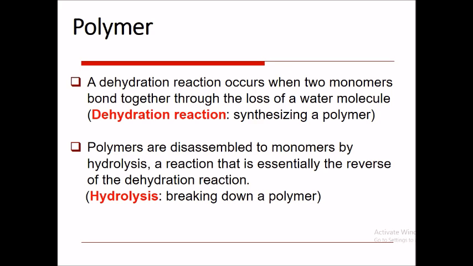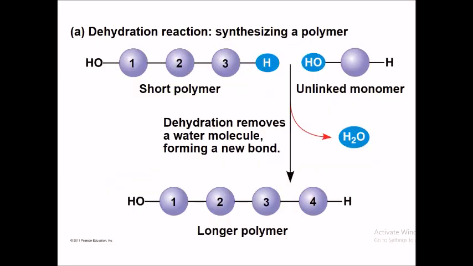And then this polymer structure can also be broken down through the process of hydrolysis, in which the addition of water to the polymer will cause the breakdown of the bond between these two monomers, or between a monomer and a short polymer.